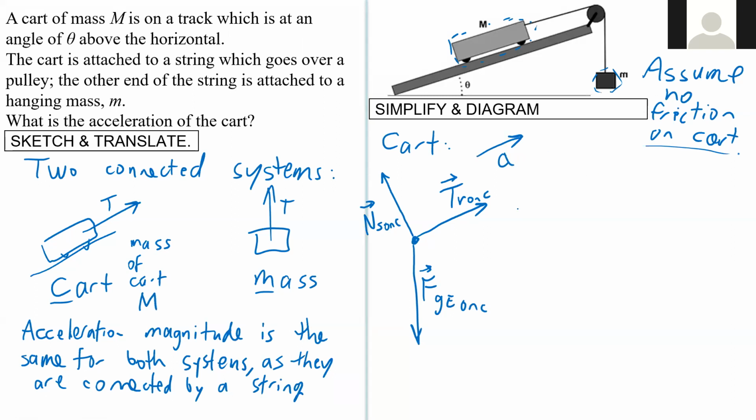I'm going to tilt my axes here. Define, as I did before, y to be up that way and x to be that direction. So a is in the plus x direction. And what that's going to do is make gravity the diagonal force.